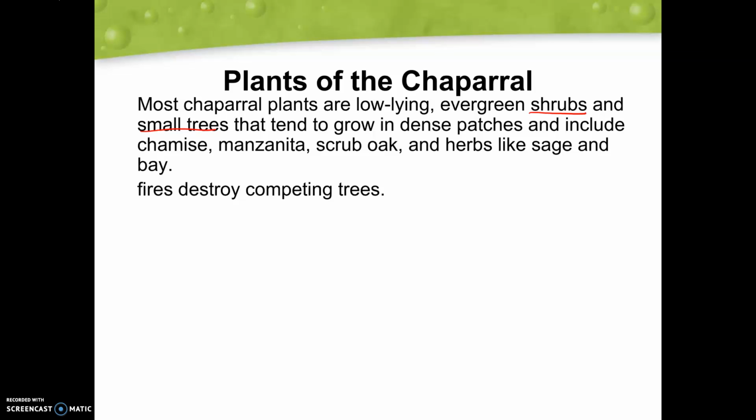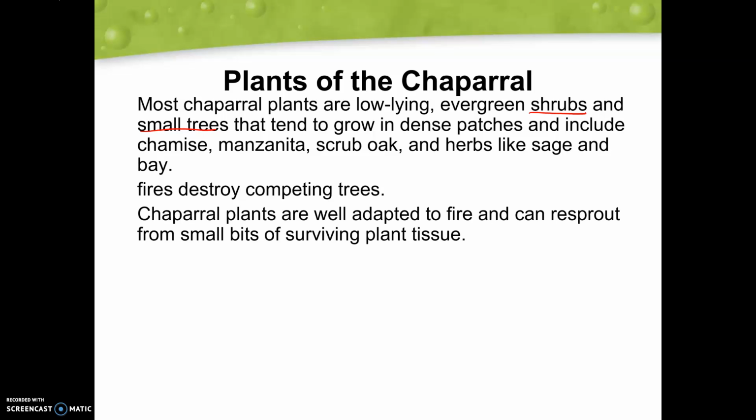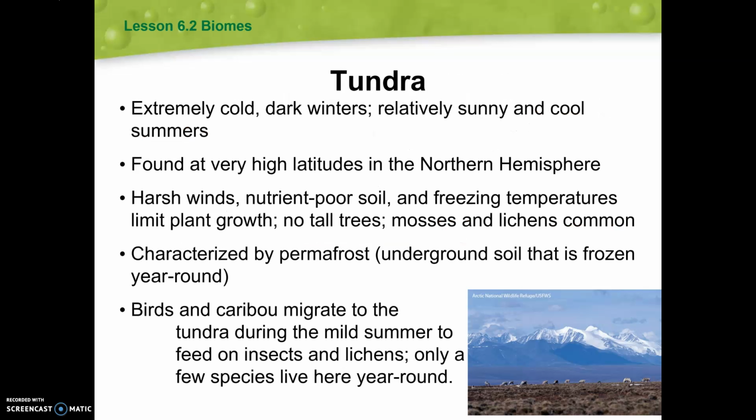They've learned to adapt to these conditions, so they're able to survive those fires. These plants are also well adapted to fire, and they're going to re-sprout from bits of surviving plant tissues. So maybe not specifically a seed, but they can take from any part of that surviving tissue and grow again, which is a unique characteristic here.